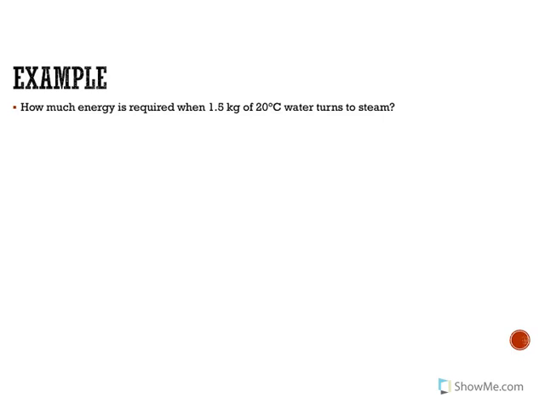All right, we have a slightly different question. How much energy is required when 1.5 kilograms of 20-degree water turns to steam? So we know at 20 degrees, that water is going to need to heat up to 100 degrees in order to turn into steam. So let's draw what's happening. We have our time and our temperature.